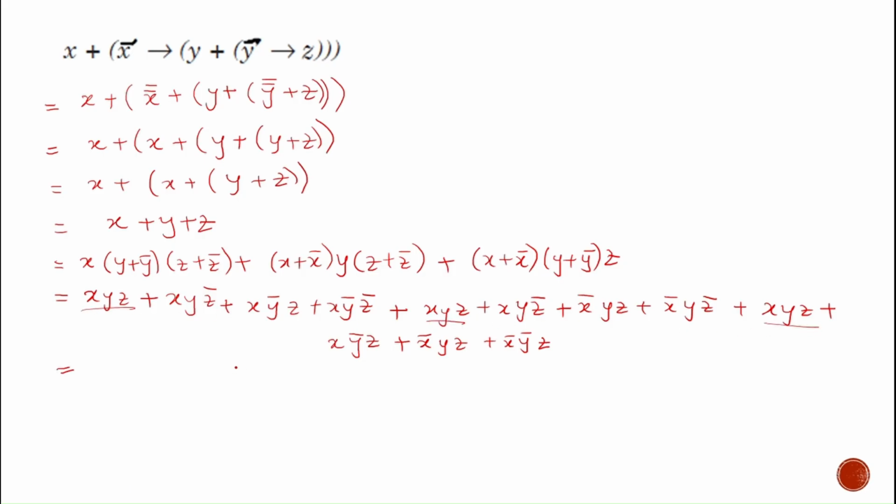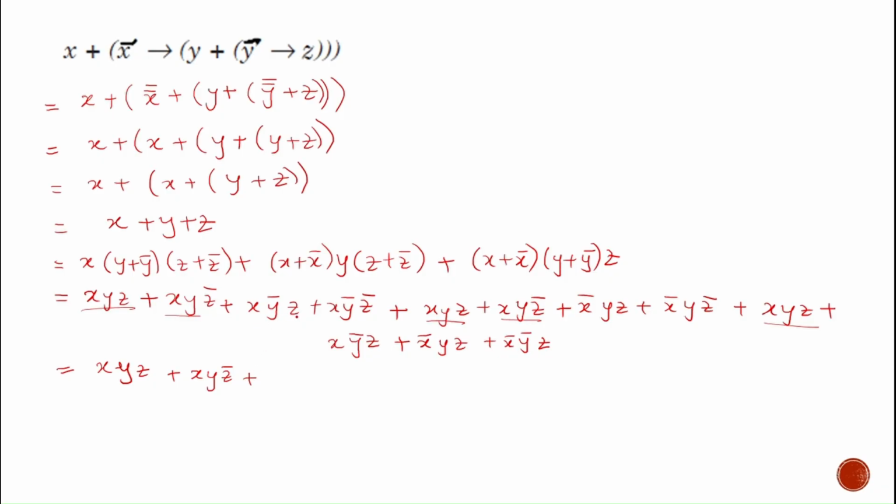So now we add up the like terms. xyz is here, xyz is here, and xyz is here. So by applying the idempotent law, we can write just one xyz. Now xyz bar is here, xyz bar is again here, and that's all.